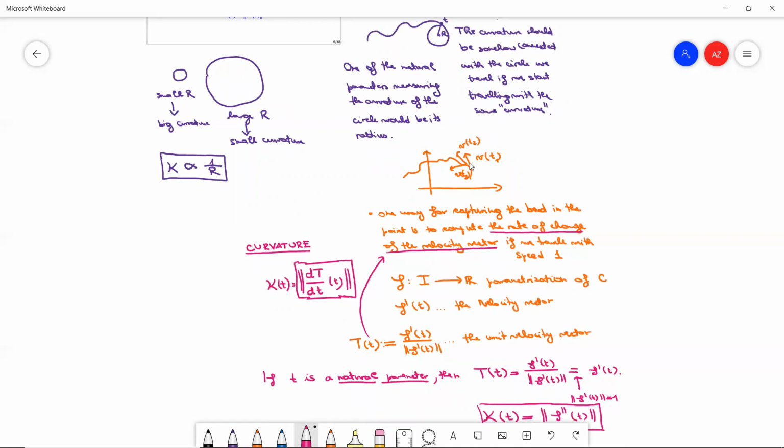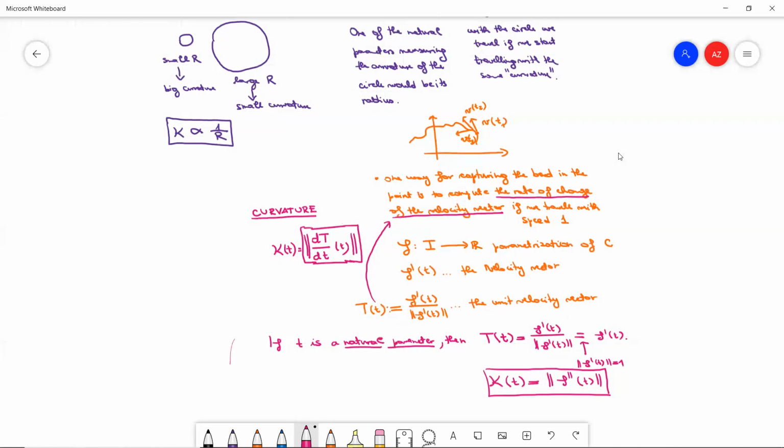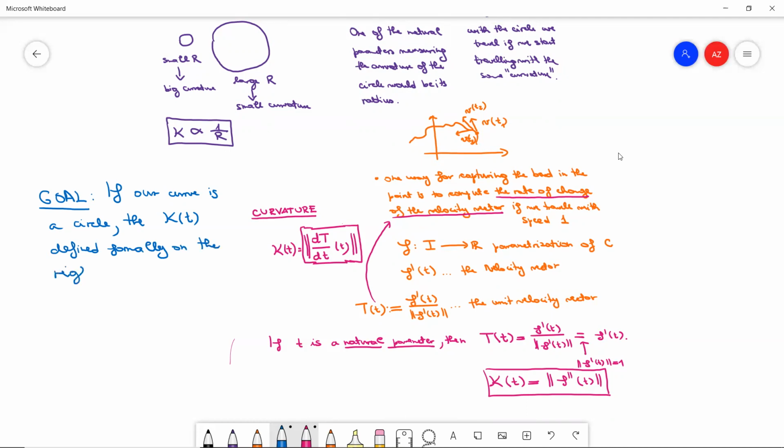And now we would like to see that those notions are in fact connected, that they are the same. So our goal: if our curve is a circle, then kappa of t, defined formally on the right side, is really 1 over the radius of this circle.